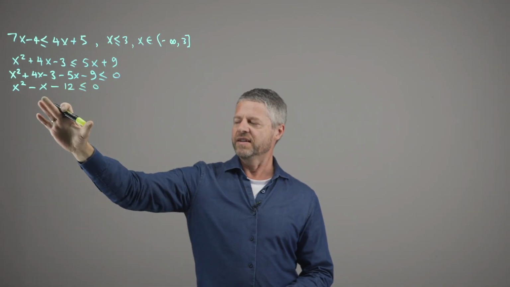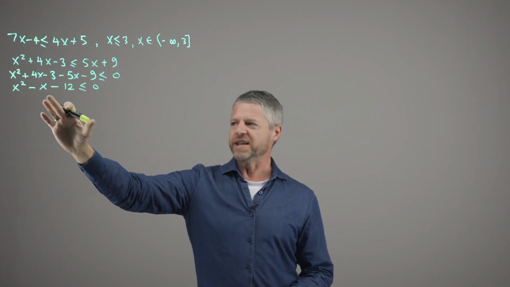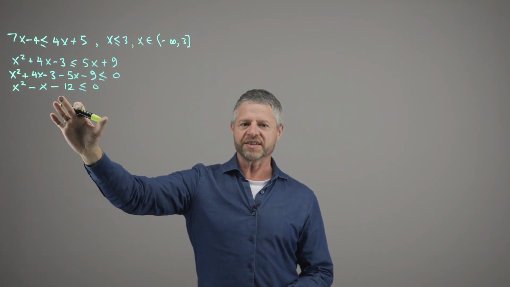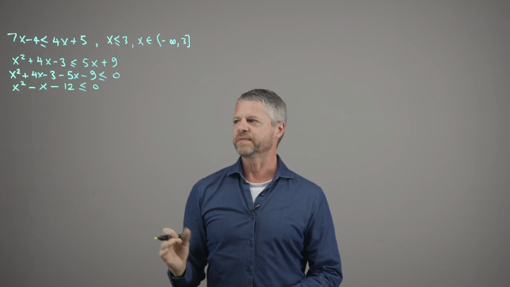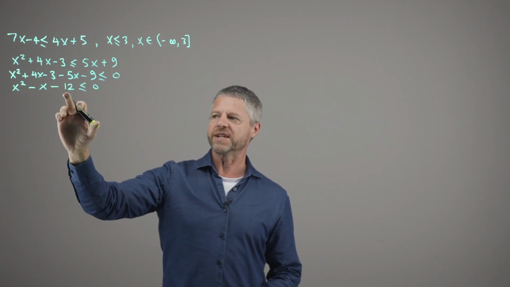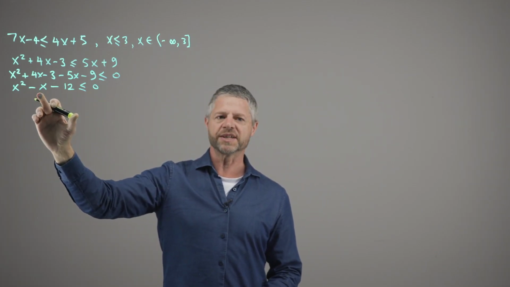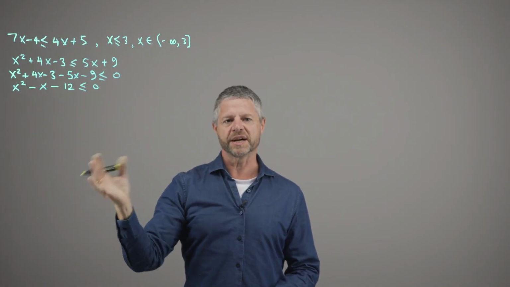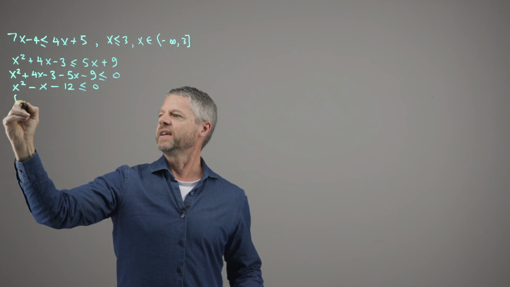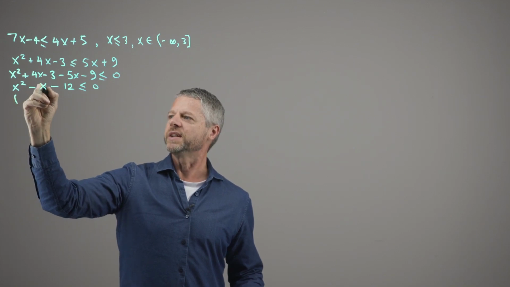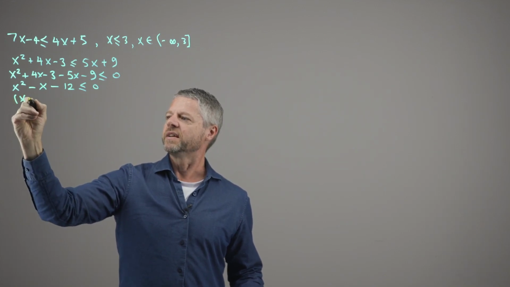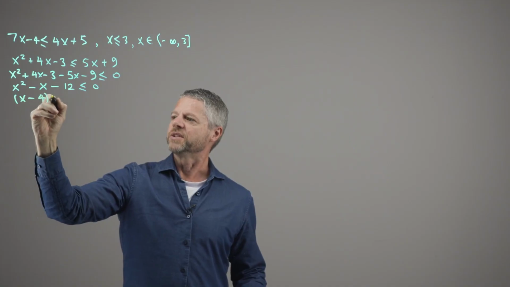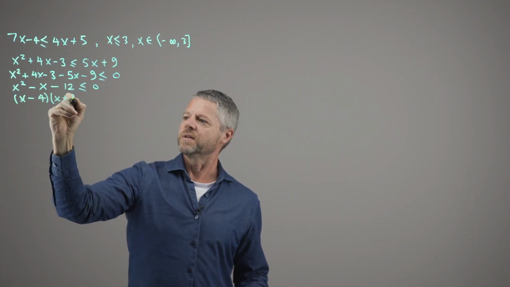And then our instinct ought to be, whenever we see a quadratic like this, can we factor it? So two numbers that multiply to get minus 12 and add to get minus 1. So 4 and 3, one of them plus, one of them minus, should do that. And in this case we want a minus 1, so we'll need minus 4 and plus 3.